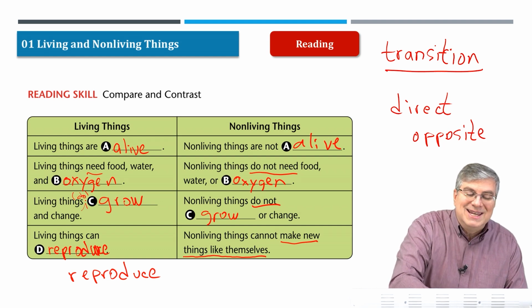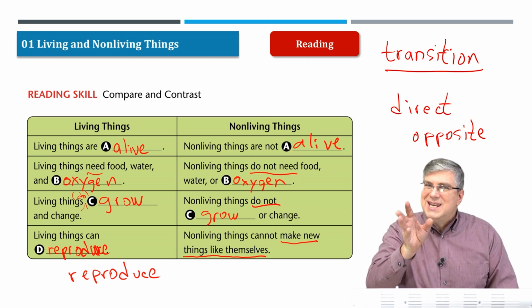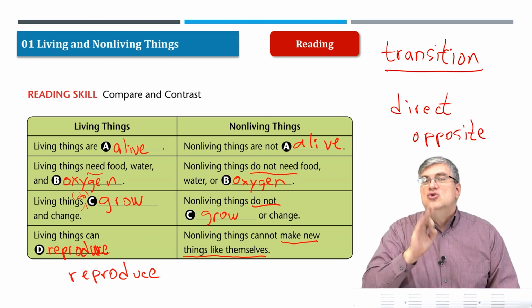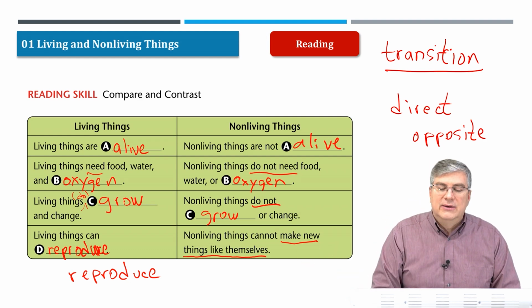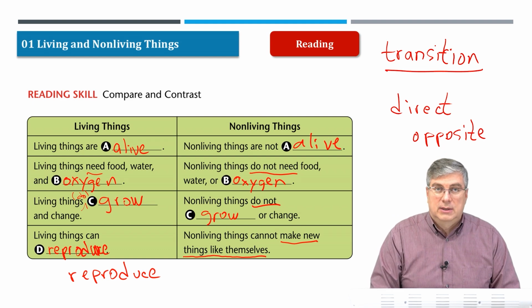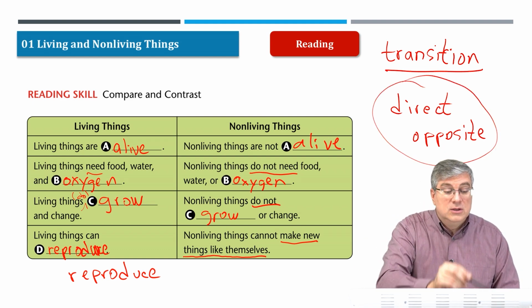We don't say living things do grow and change. But if you say it negatively, then you say do not, right? Non-living things do not grow or change. That's the direct opposite of what they do.